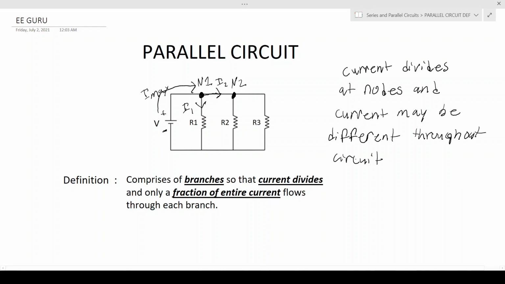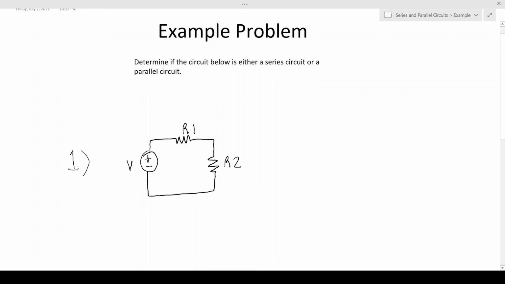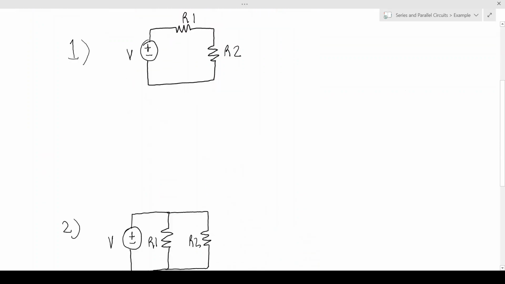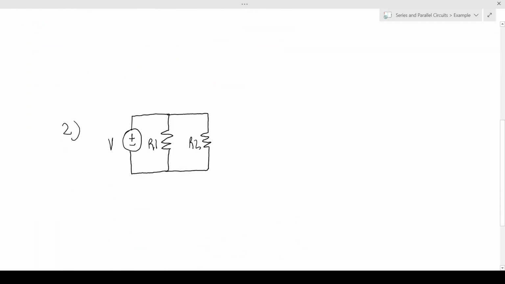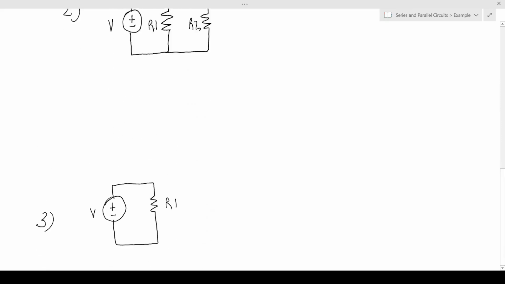So next we will be doing some example problems to test your knowledge of series and parallel circuits. We have 3 circuits below. This is the first circuit, this is the second circuit, and this is the third circuit.